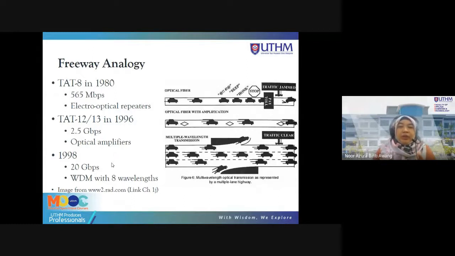But when using the amplifier, we don't have any obstruction along the fiber. Then in 1990 we use WDM. WDM is like we can add on many wavelengths, multiple wavelengths, to make the traffic clearer.